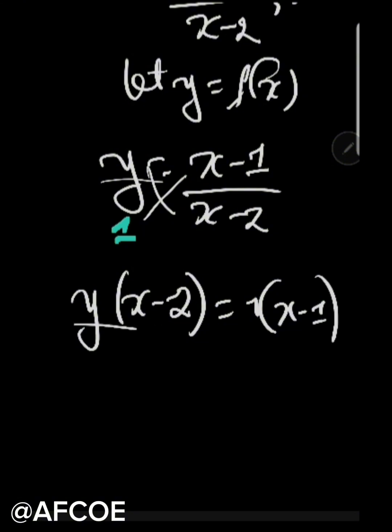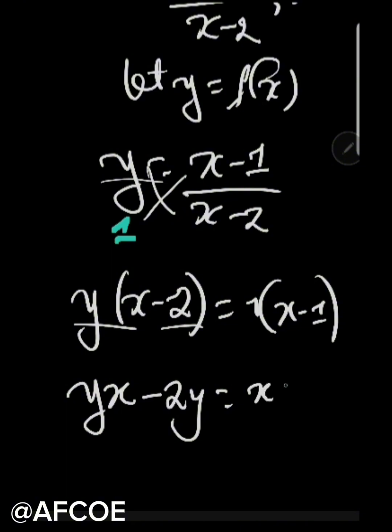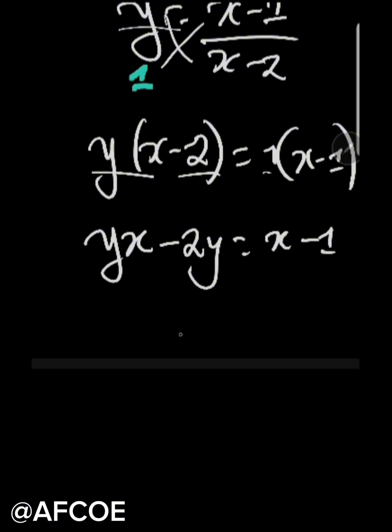If you open the bracket, by the law of distribution you take y times x, which gives xy minus 2y, equals 1 times x is x, 1 times negative 1 is negative 1. Now we combine like terms. We take x to meet the other x, so crossing the equal sign, the sign changes.